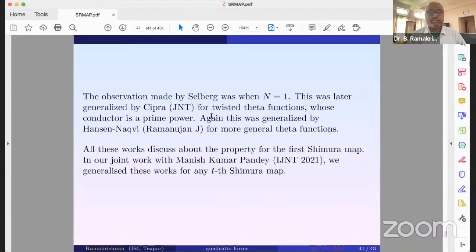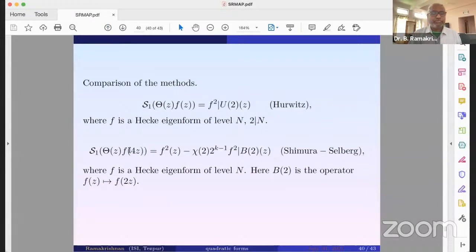And then later this was more generalized, done by Hans and Naqvi, which appeared in the Ramanujan journal, I think around 2008 or something, for more general theta functions. All these works talk about the property of the Shimura 1 map on this class of functions, where the theta is replaced by a generalized theta function, where f is a Hecke eigenform of level n.